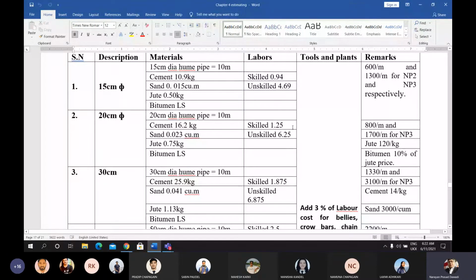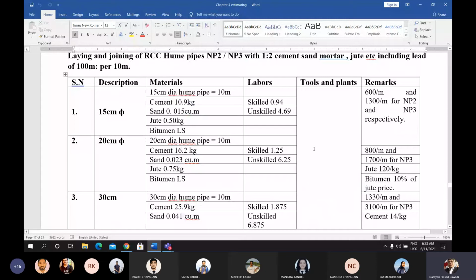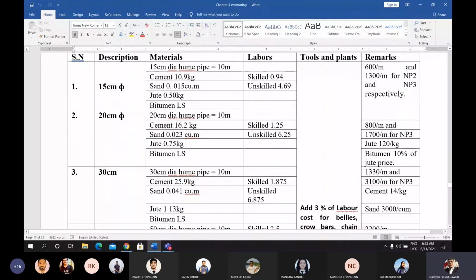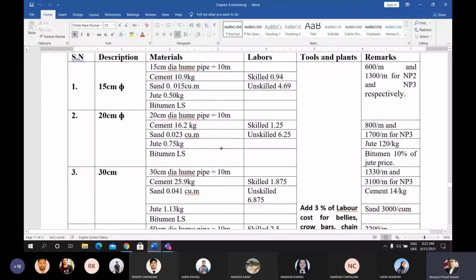And the skilled manpower is 1.25, unskilled manpower is 6.25, provide 3% labor cost for the tools, plants, and equipment. And the rate of the 20 centimeter diameter NP2 pipe is 800 per meter. And if you use the NP3 pipe, then that rate will be 1700 per meter. Okay, and this is the rate analysis for 20 centimeter diameter pipe.